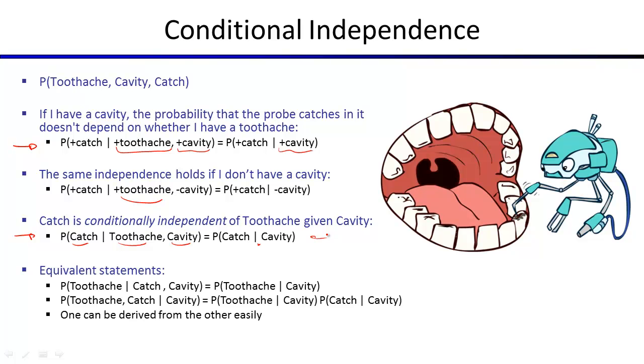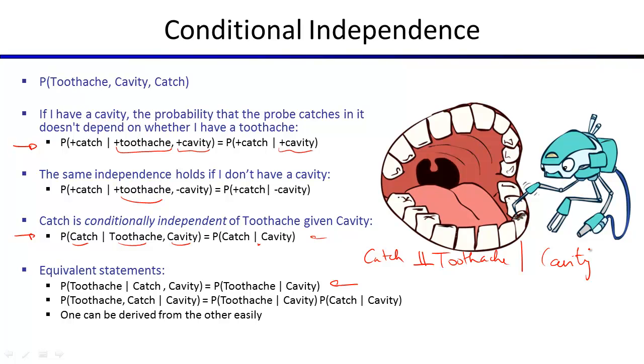You can state this in many equivalent ways, what we just wrote up here. You can write this equation here, saying that conditioning on, we had here, catch was independent of toothache, given cavity.